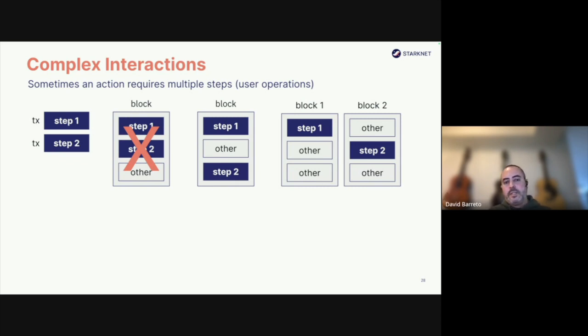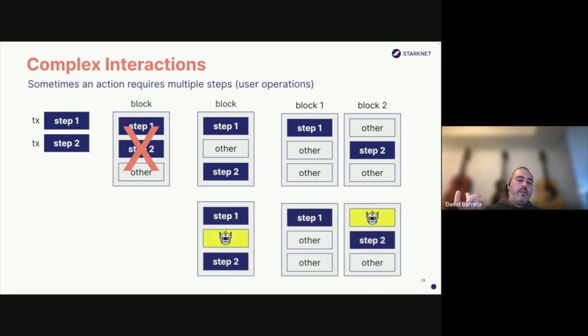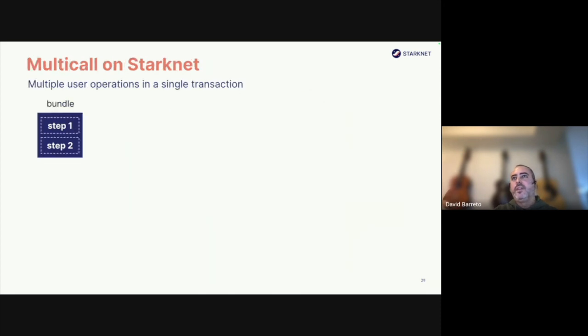That depends on the mempool, that depends on the price, all of that, which opens the door for MEV extraction, right? Could be man in the middle or sandwich attack. So you are open to this type of extraction of value. Now, in the case of Starknet, thanks to account abstraction, you can actually have multiple user operations in a single transaction. So you can bundle those.